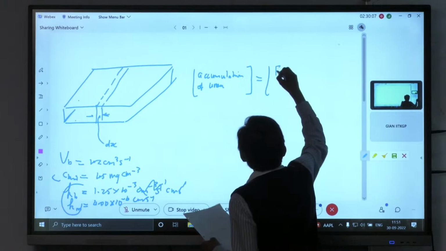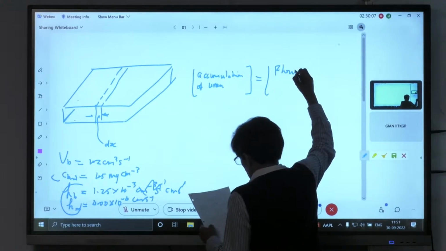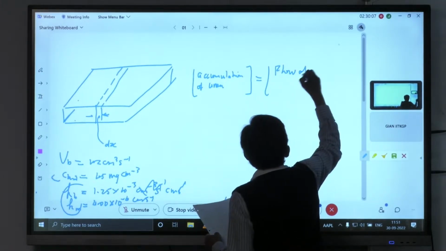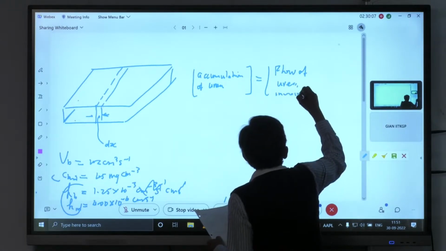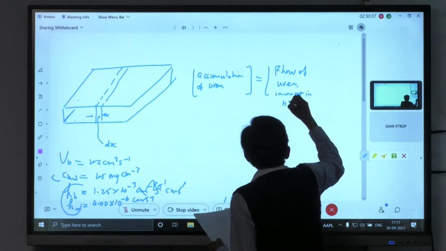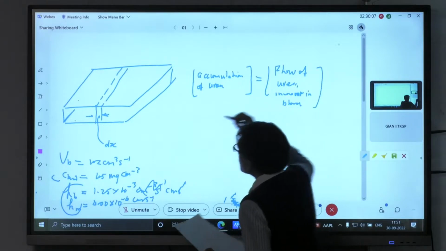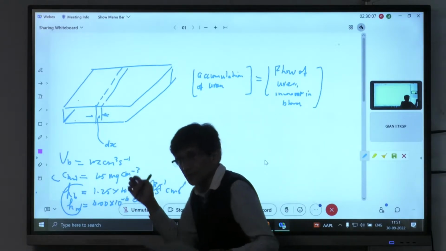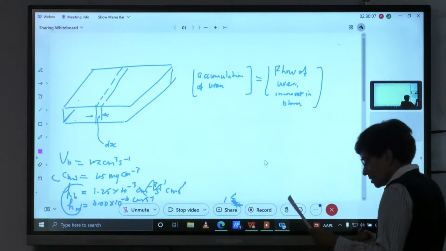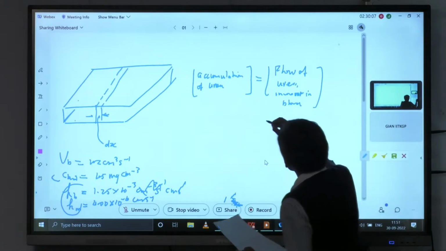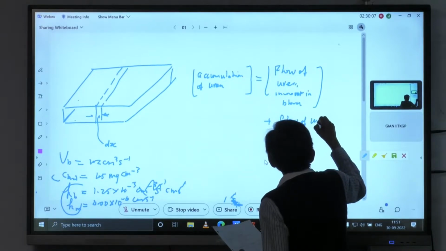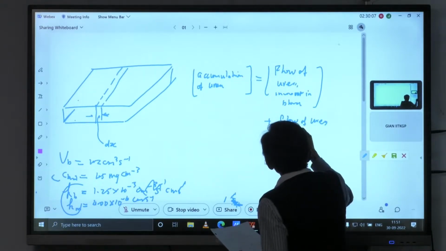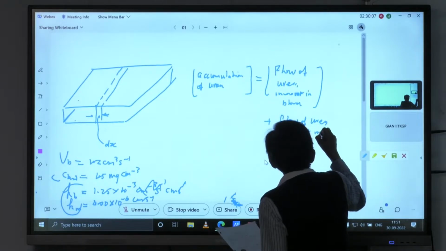So equals flow of urea in minus out in the blood, okay, because there's blood flowing into this little area and out. So whatever comes in minus goes out, plus flow of urea in minus out in dialysate.